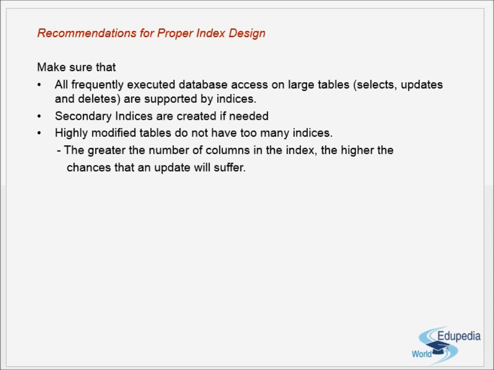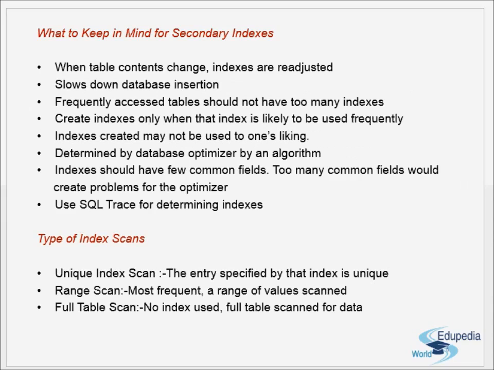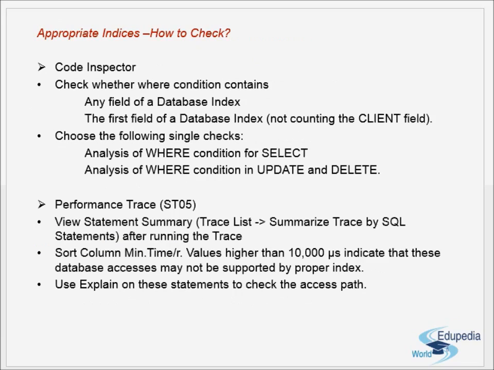Then what the recommendations for proper index design are. The next one is about secondary indexes, and how careful we should be while adjusting current indexes or creating a new index. Then appropriate indexes: given a piece of code, how can we analyze whether an index is suitable for that code.